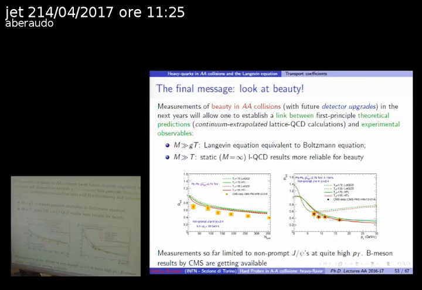Here I have done a comparison between the experimental data obtained by the CMS collaboration for the displaced J/psi. These are J/psi which come from the decay of a B meson.